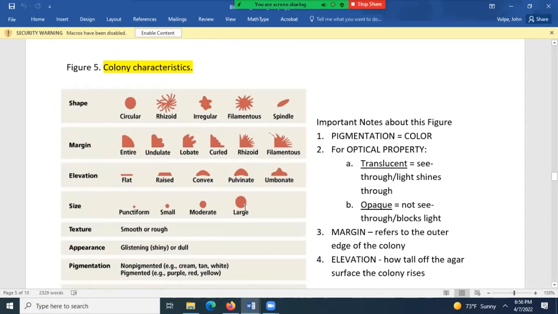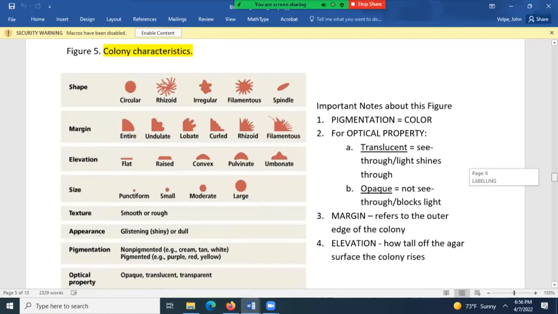Anything that's the size of the point of a pencil, and we're talking about a dull pencil, is small. Anything between the point of the pencil and the eraser of the pencil is moderate in size. And anything that's a pinprick, we call punctiform.